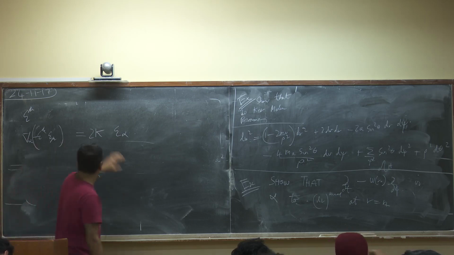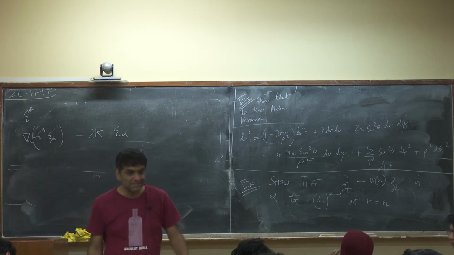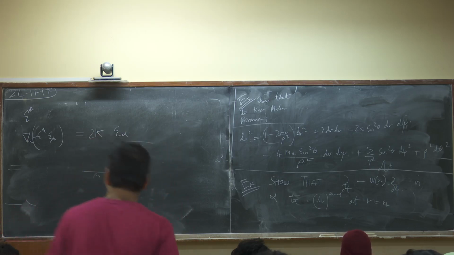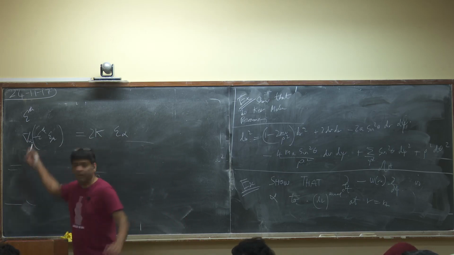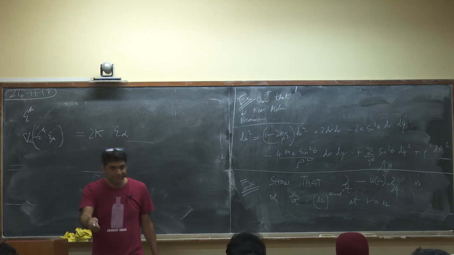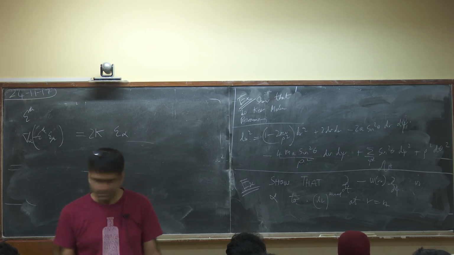Now, this is true only on the event horizon. Evaluate this: del is del over all of spacetime, but after I've taken the derivative, I'm evaluating the derivative at the event horizon. Okay?